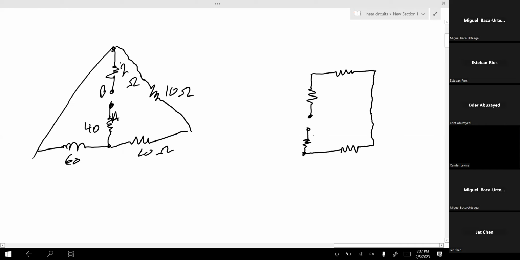You have one more resistor. This is 40, and this is 60. Okay. Let's label our nodes here. A, B, B, C, C, and then, well, I guess this is going to be D, E for this case.